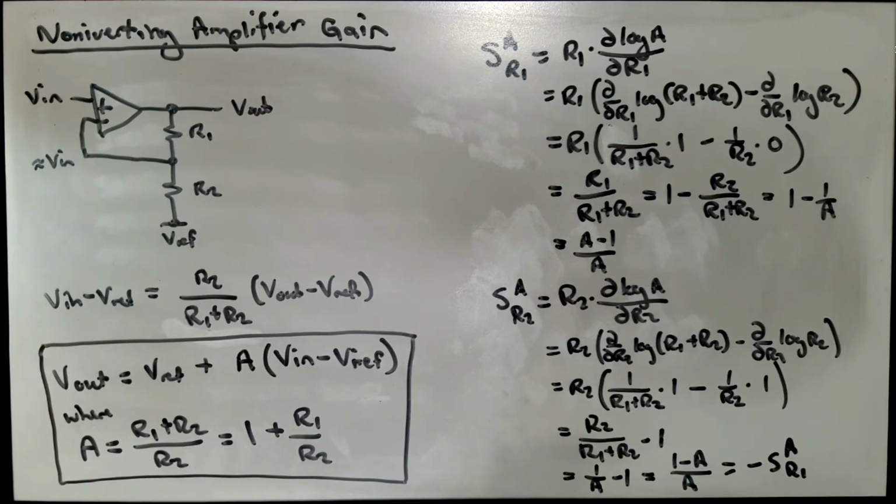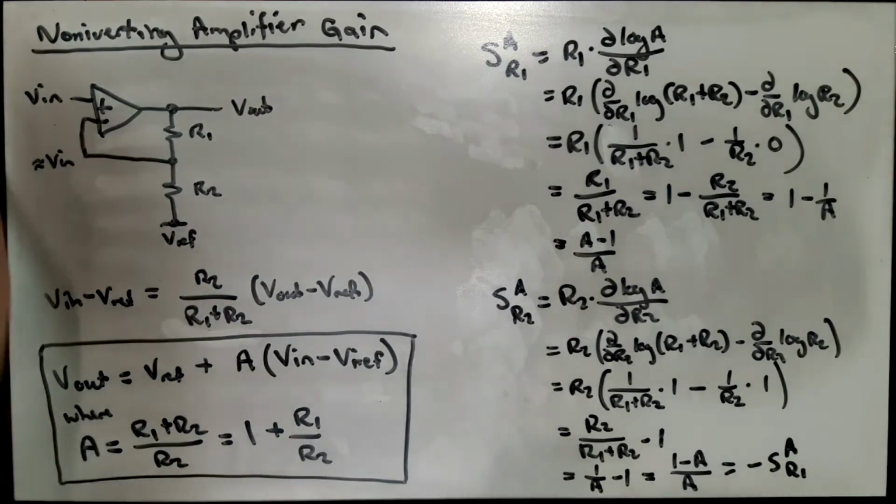But if we're interested in some sort of statistical variation in the parameter values, we don't know whether that variation is going to be positive or negative, and so we're interested in knowing something about a worst case variation, or maybe some model for the variance or the standard deviation of our component values.